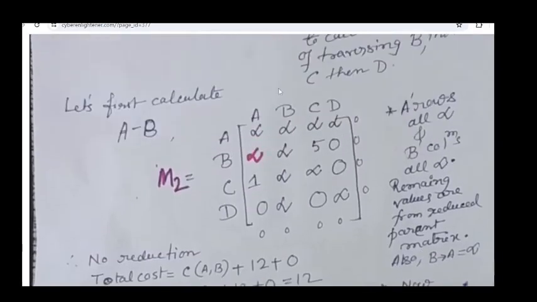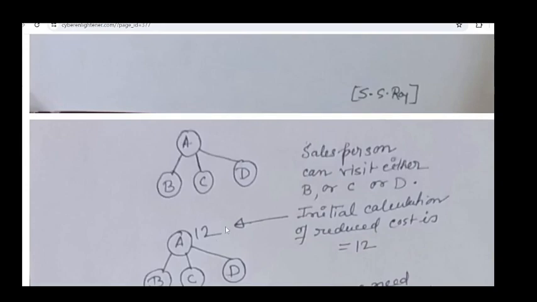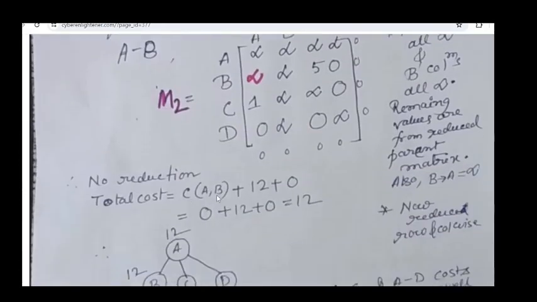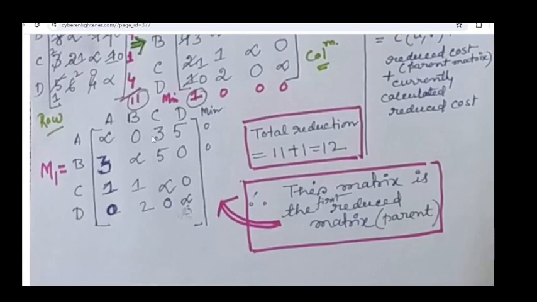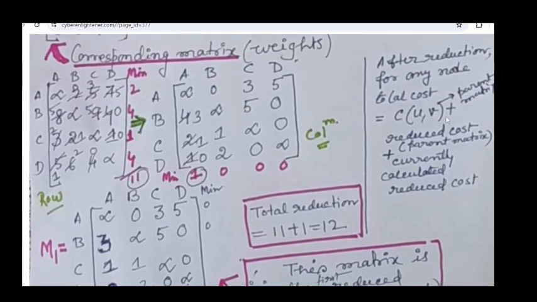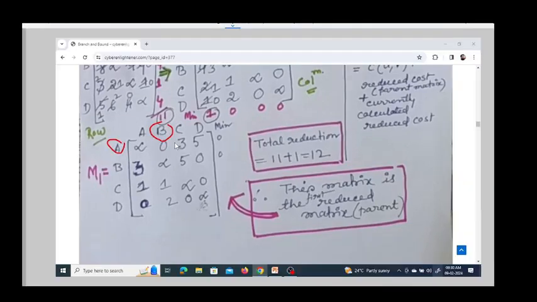So how much is the currently calculated reduced cost? This one, students, 0. What is the parent matrix reduced cost? Just now we calculated 12. And what is the entry of C(A,B) in the parent matrix? See the formula C(U,V) in the parent matrix. So what is the A,B entry here? A to B entry is 0, not 3.